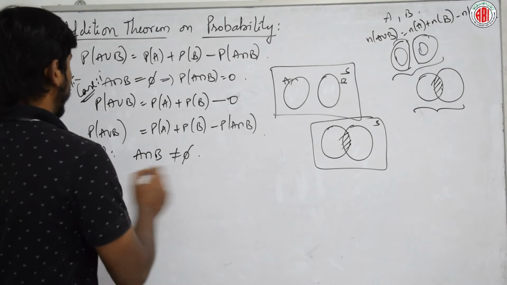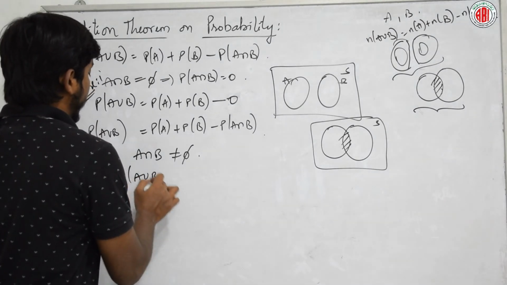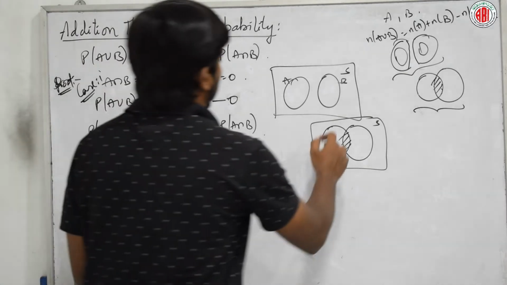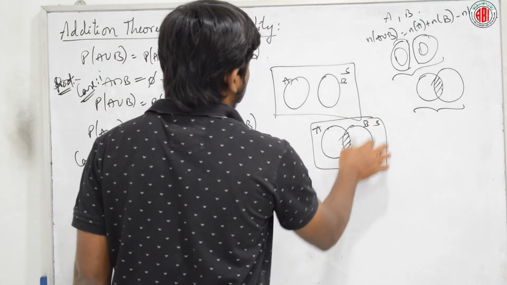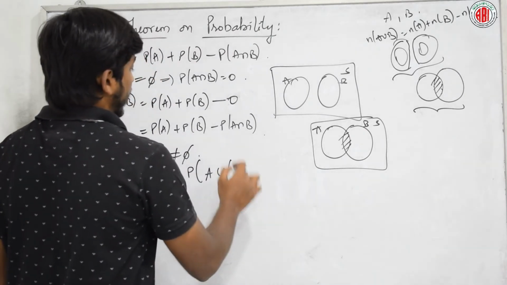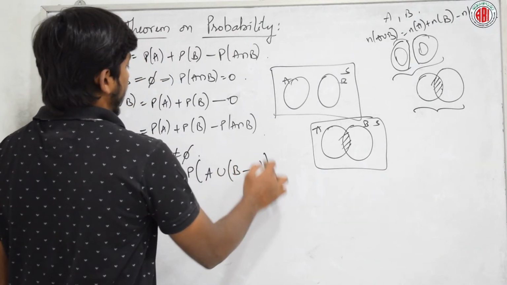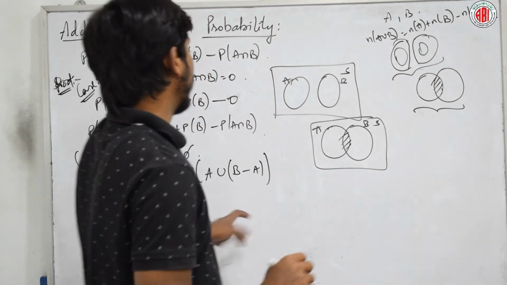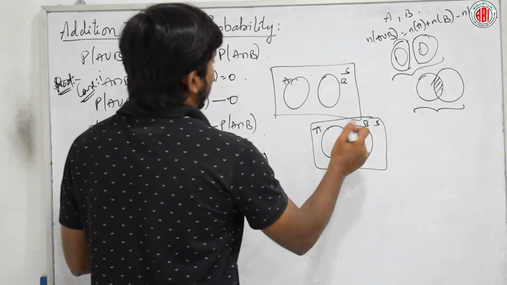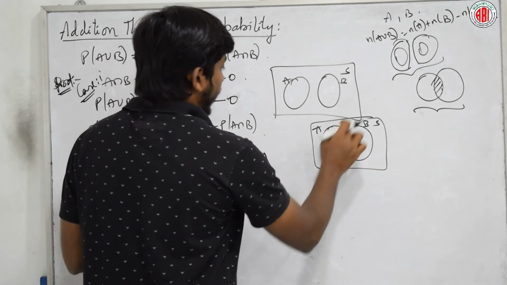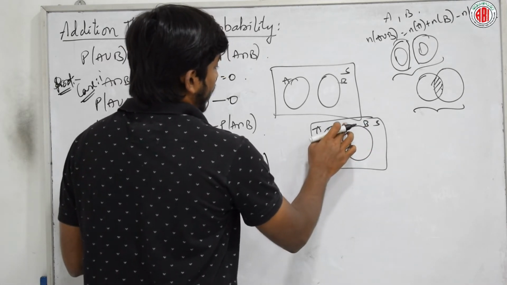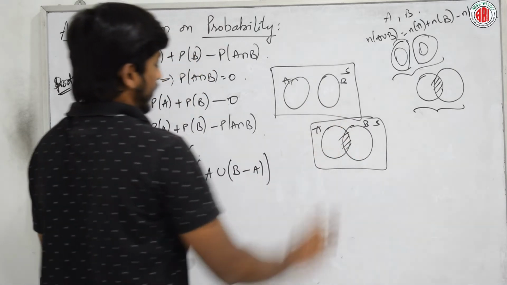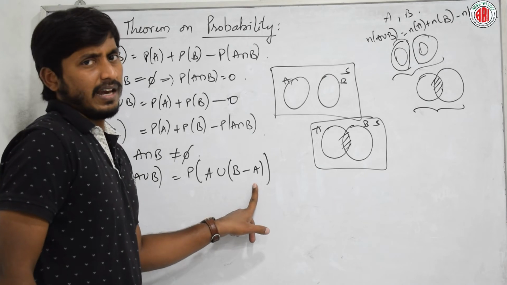P of A union B can be written as P of A union, can I write B as B minus A? Yes or no? Yes. So this is nothing but A union B minus A. We have removed the particular part A, and this is B minus A. We can write like that.